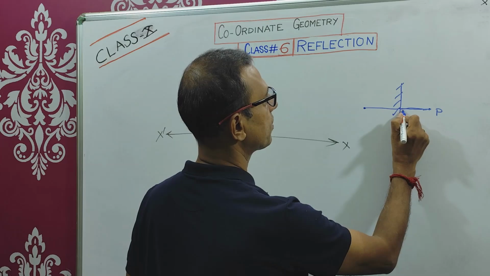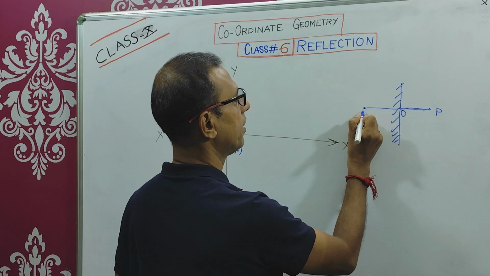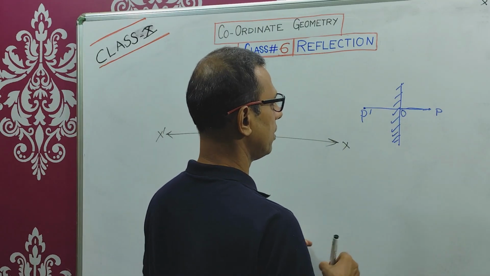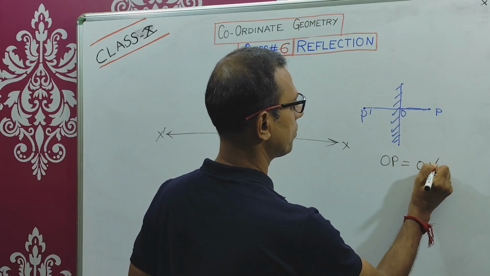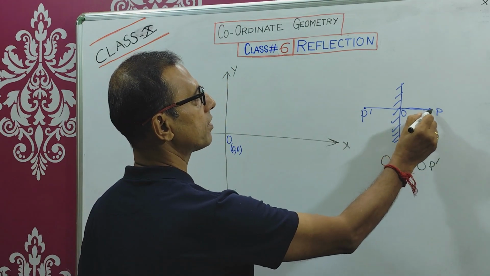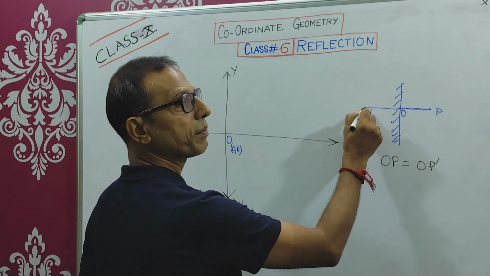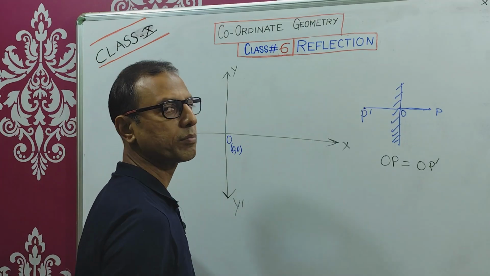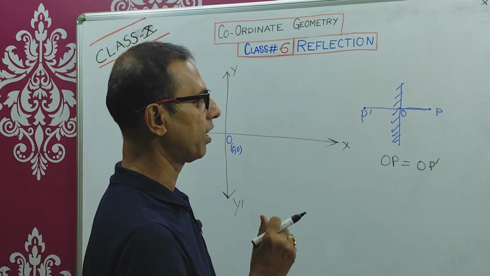Therefore, if the intersection point on the mirror line is O, the object is P and the image is P dot, then OP equals OP dot. So always the perpendicular distance of the object from the mirror line is equal to the perpendicular distance of the image from the mirror line. This is the concept of physics that you already know from your earlier class.